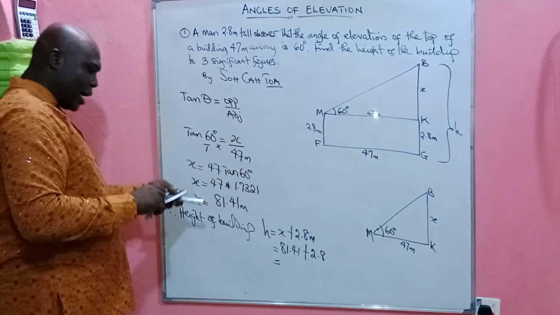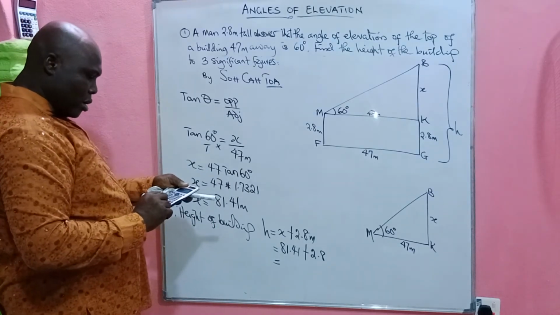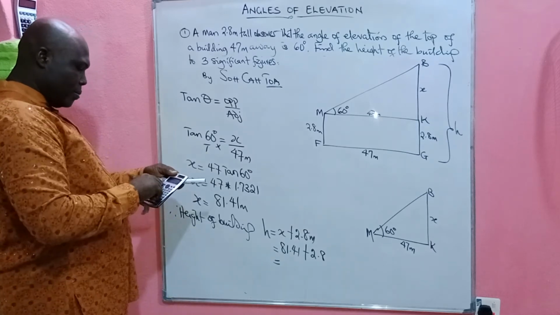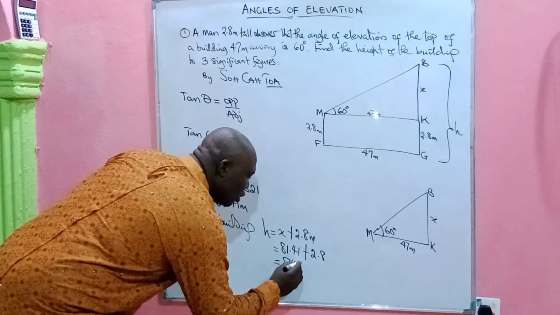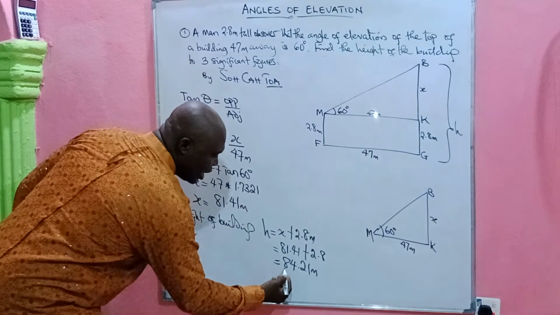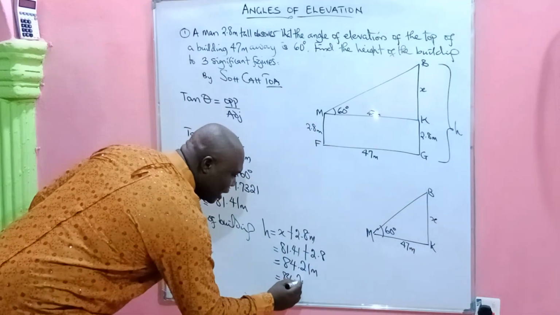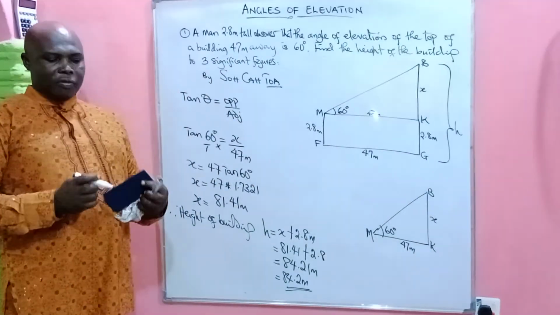That will give us the height. 81.41 plus 2.8 will simply give us 84.21 meters. And they say we should approximate to three significant figures: the first, the second, and the third. So that will be 84.2 meters to three significant figures, which is the height of the building.